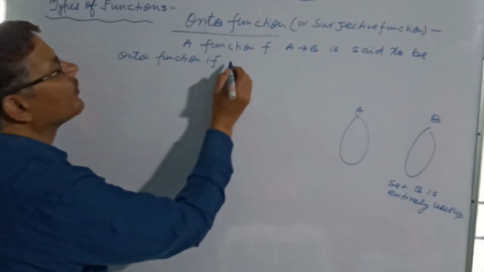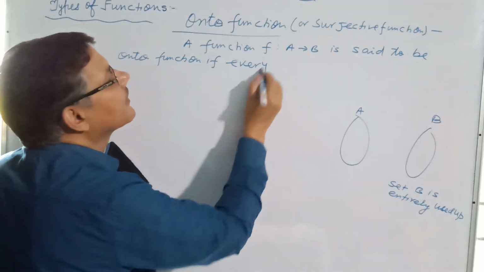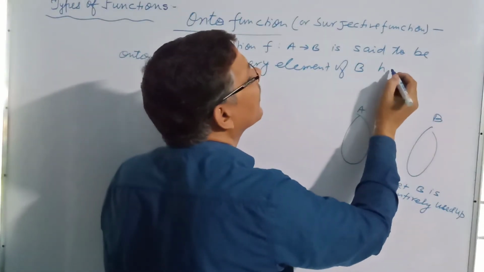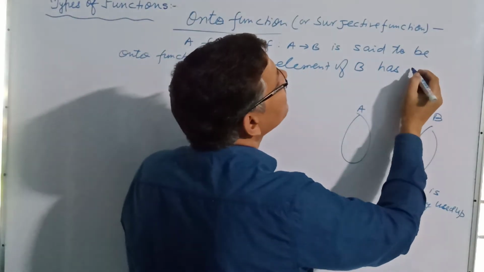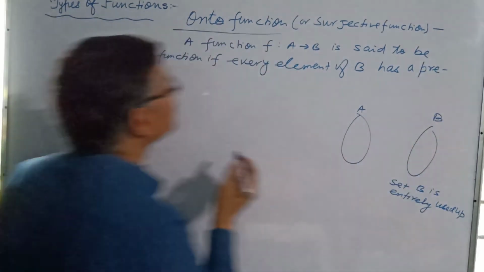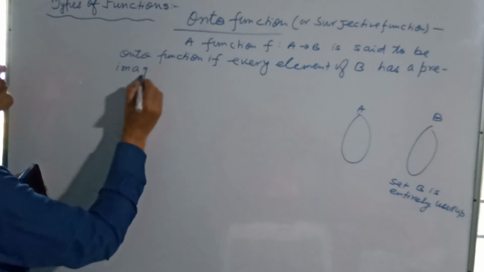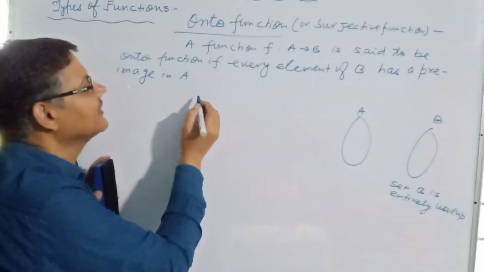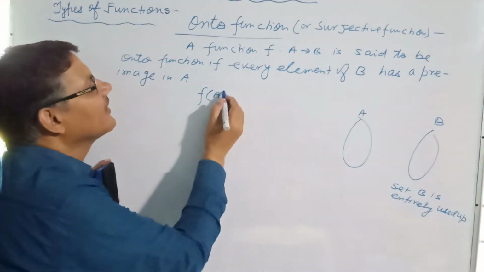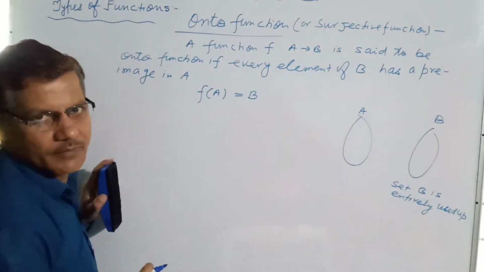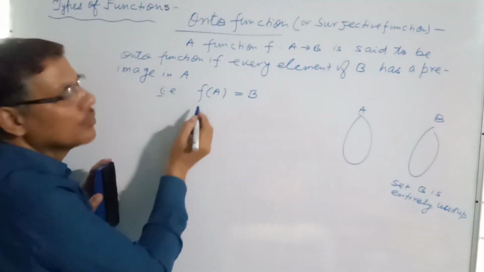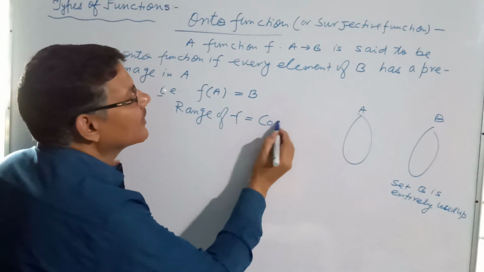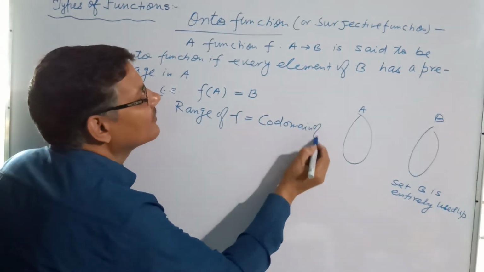if every element of B has a pre-image in A. Mathematically we can say it very easily, that it happens when f(A) is equal to set B. Or we write more clearly, the range of the function equals the codomain of f.